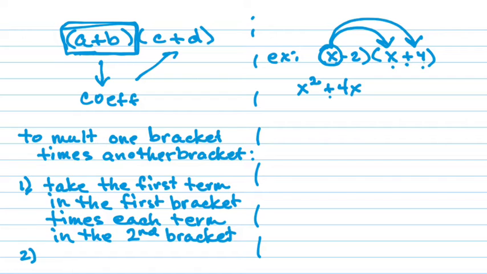Second step. Multiply the second term in the first bracket times every term in the second bracket. I'm going to start abbreviating because I'm running out of room.